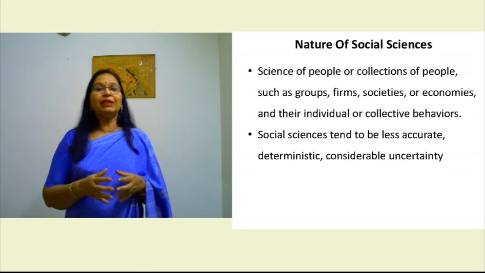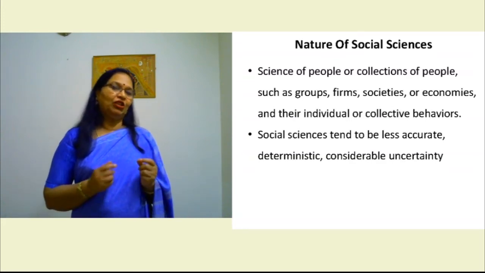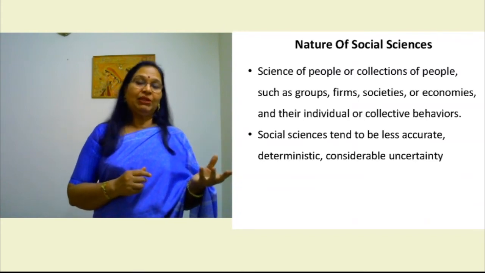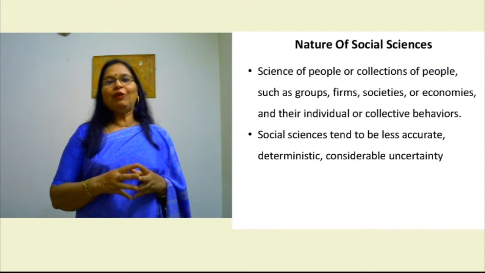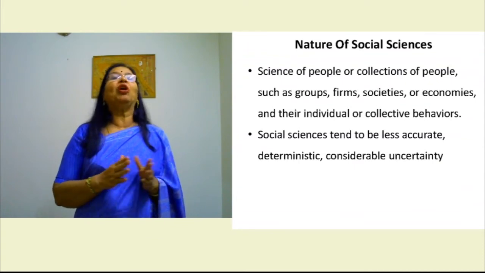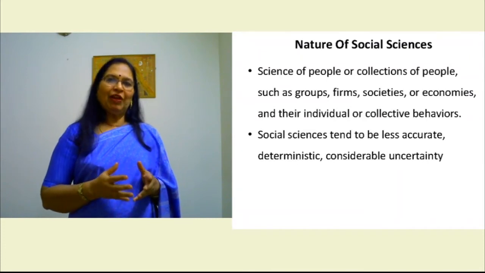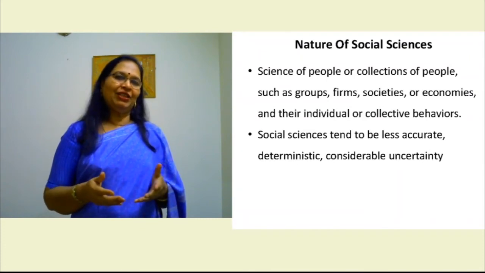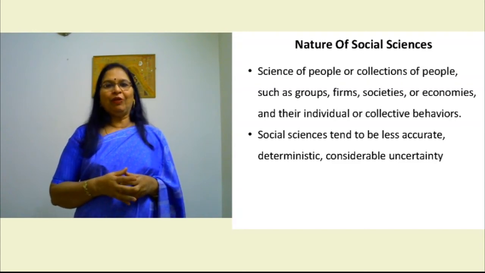Social sciences tend to be less accurate than physical sciences or natural sciences, because we are studying human beings. Human beings do not behave the same at all times. Even in a family they behave very differently at different times, but by and large there are certain structures which they follow.